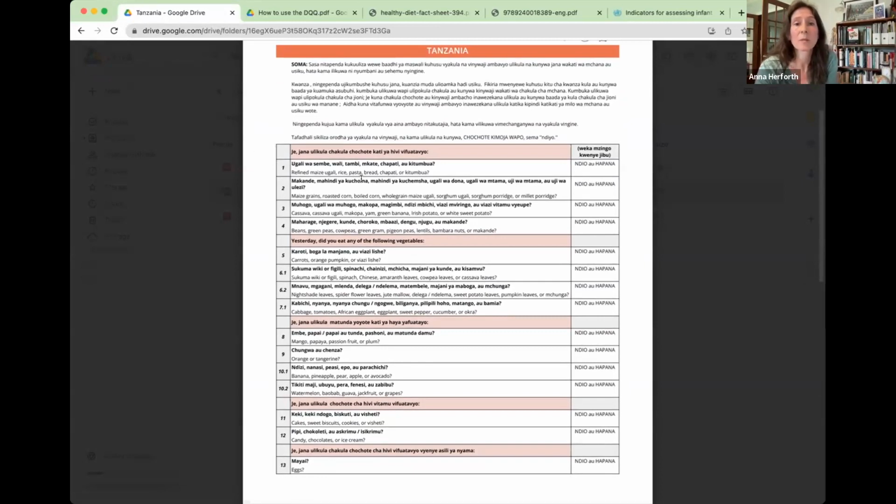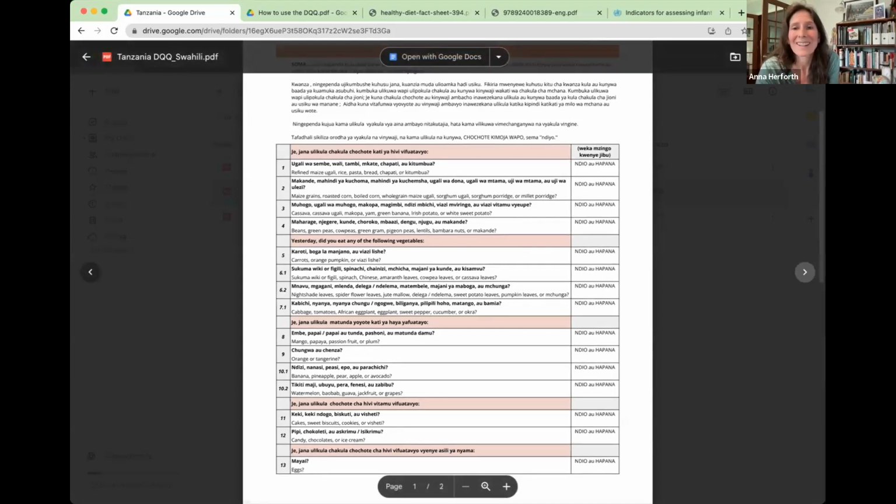So these can simply be read aloud exactly as they are. They require no follow-up questions, no probing. They contain the food items in each food group which are the most commonly consumed in the country. There are sentinel foods for each food group, and these sentinel foods have been identified through a very participatory process with many people engaged from each country.